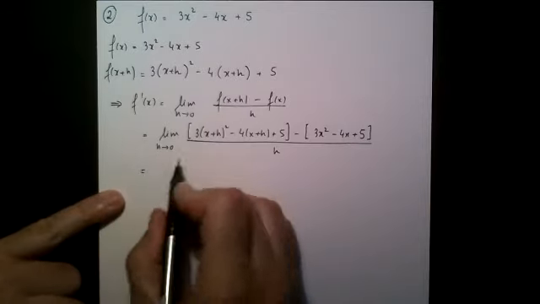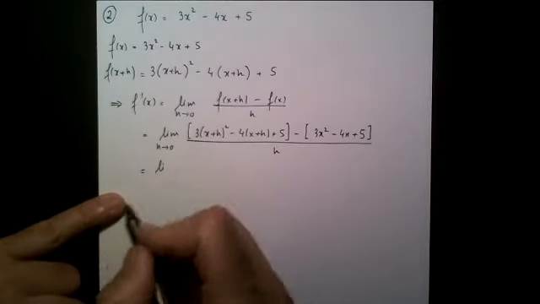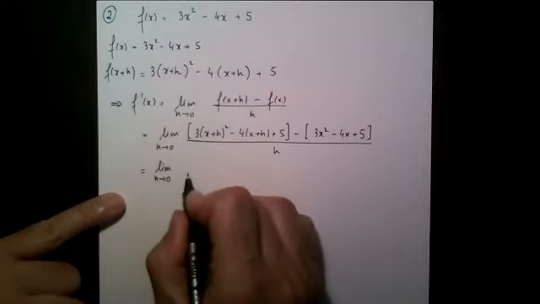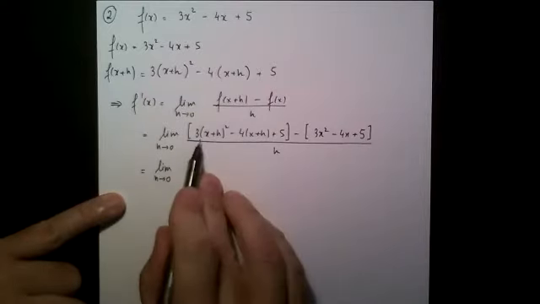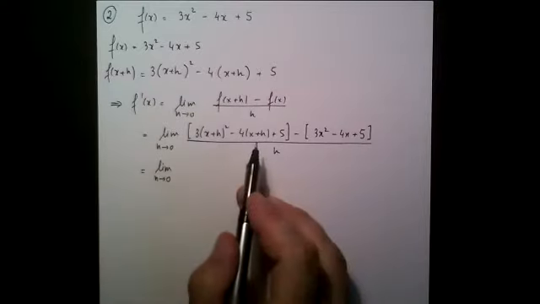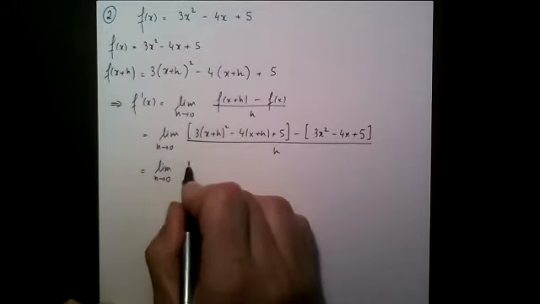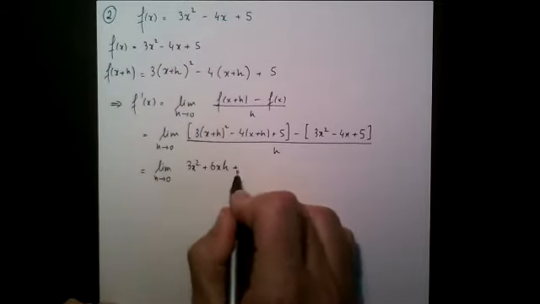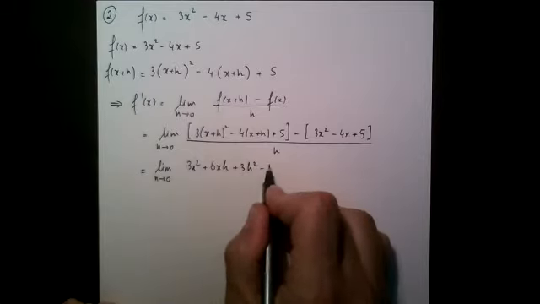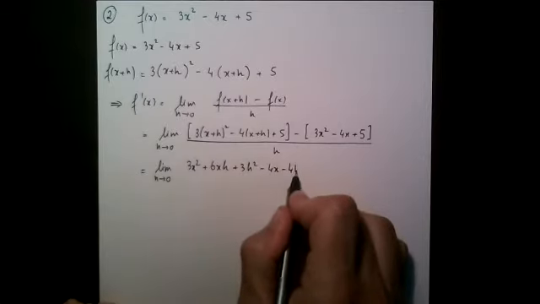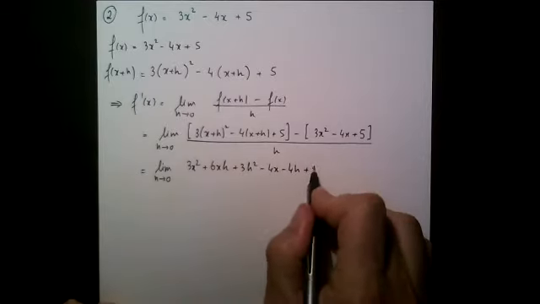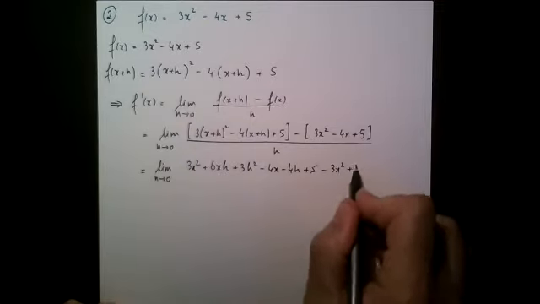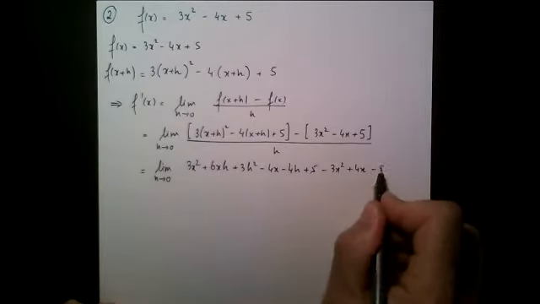Okay, so now let's expand everything here. So I'm going to open it up right away. So I have 3x² plus 6xh plus 3h² minus 4x minus 4h plus 5, and then minus 3x² plus 4x minus 5.